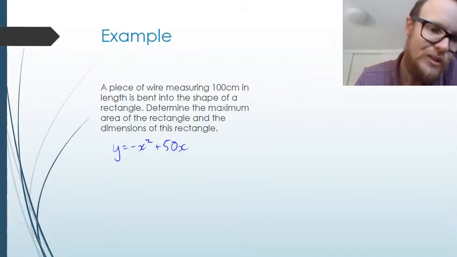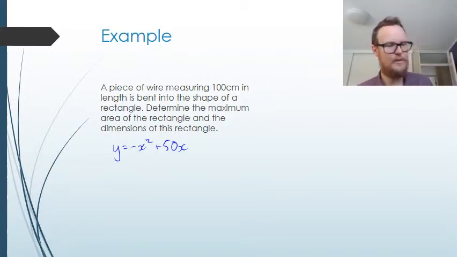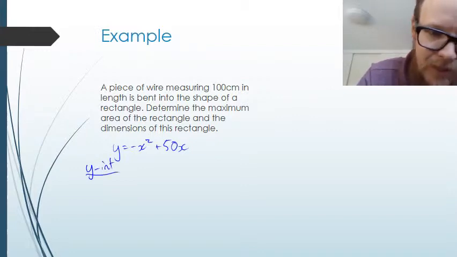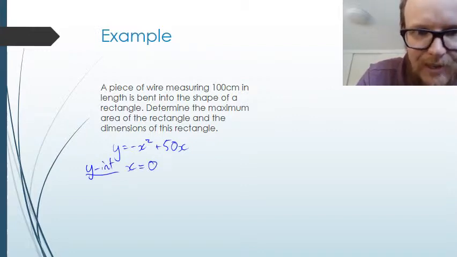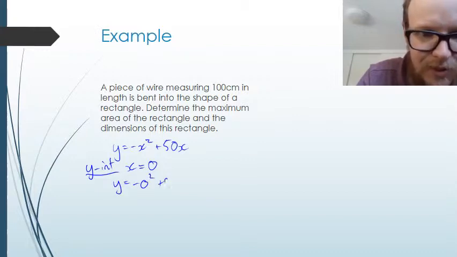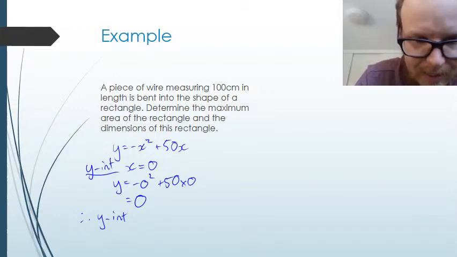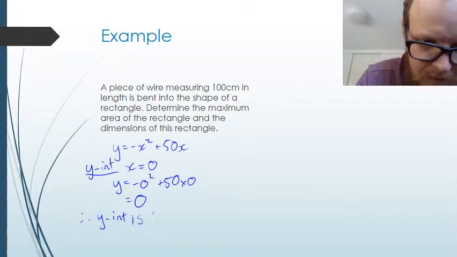Let's find the y-intercept here. Remember, the y-intercept is when x equals 0. If we substitute in, we get y equals negative 0 squared plus 50 times 0. It's just 0. So therefore, the y-intercept occurs at (0, 0).